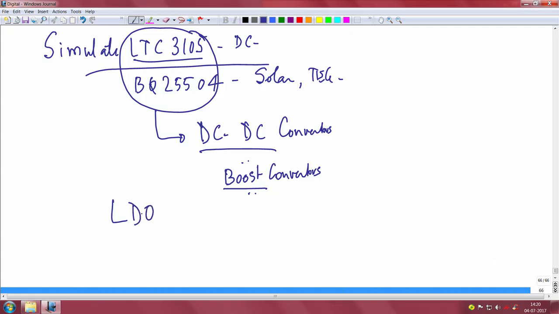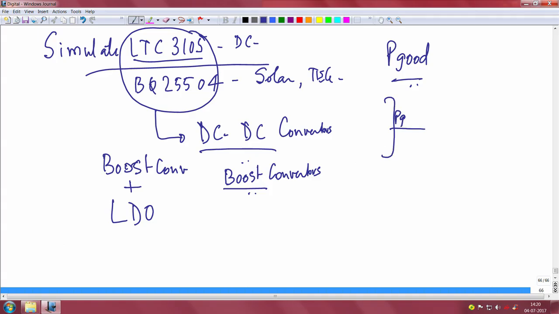So, it is a chip which not only has a boost converter, it also has an LDO at the output, and you have Vout2 which is essentially the LDO output, and there is something called PGOOD, which is nothing but the power good, and this is an output pin which you can interface to a microcontroller.